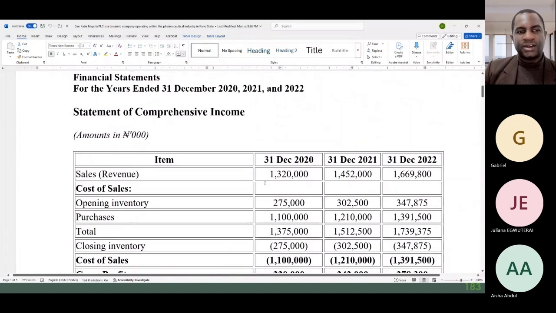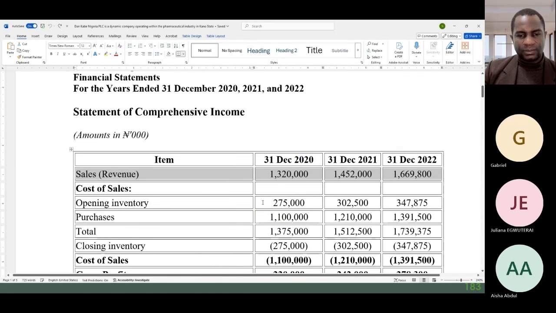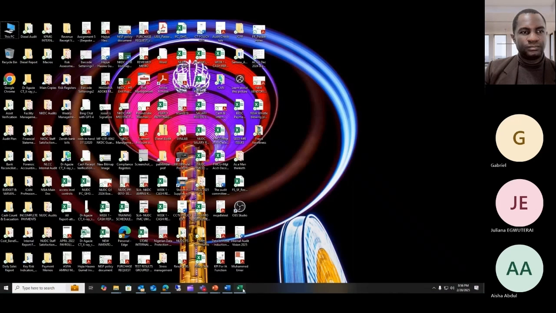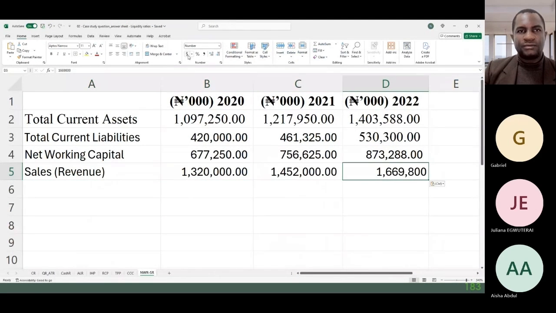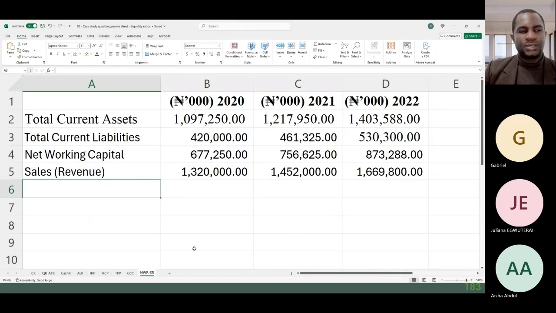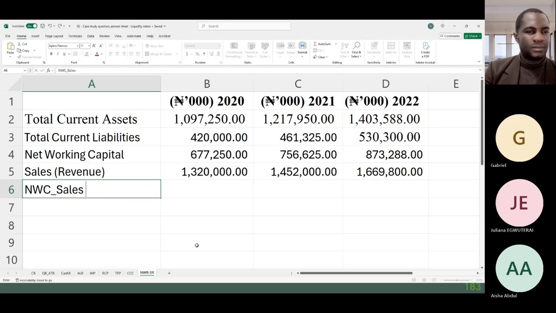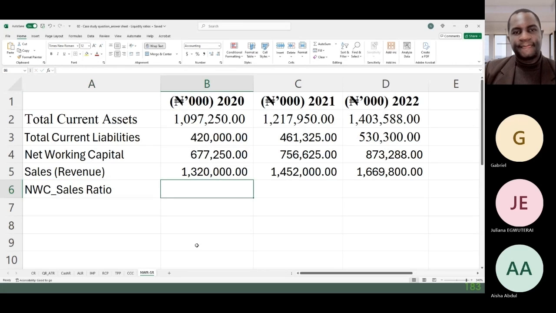So we are not using whether credit or cash. We're just going to take the revenue or the sales. Okay, exactly. So we have our sales. So now our net working capital to sales ratio.